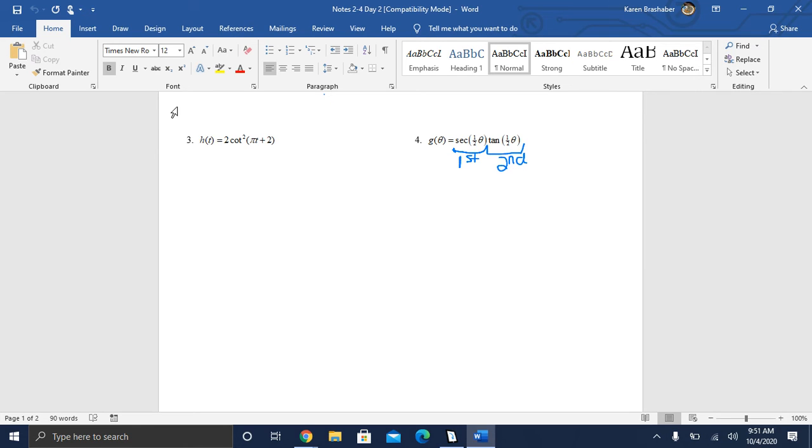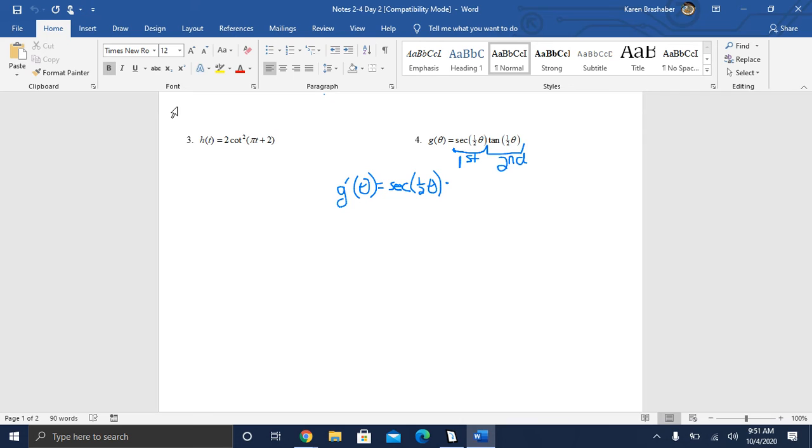So g prime of theta, and you'll want to write small so that you can fit all this in. G prime of theta would be first, so secant of 1/2 theta times the derivative of the second.